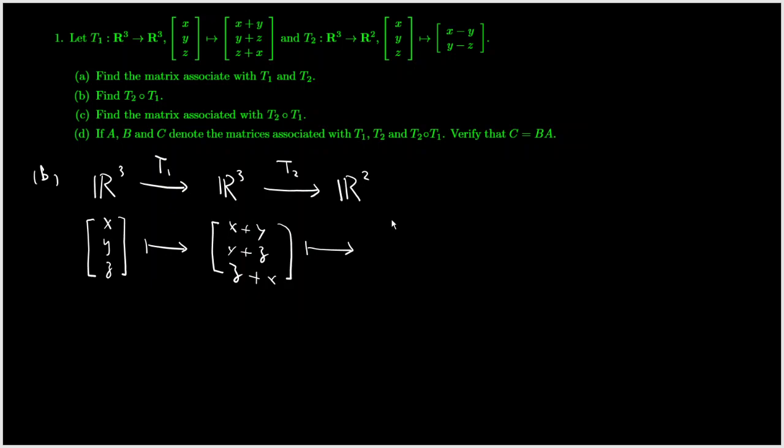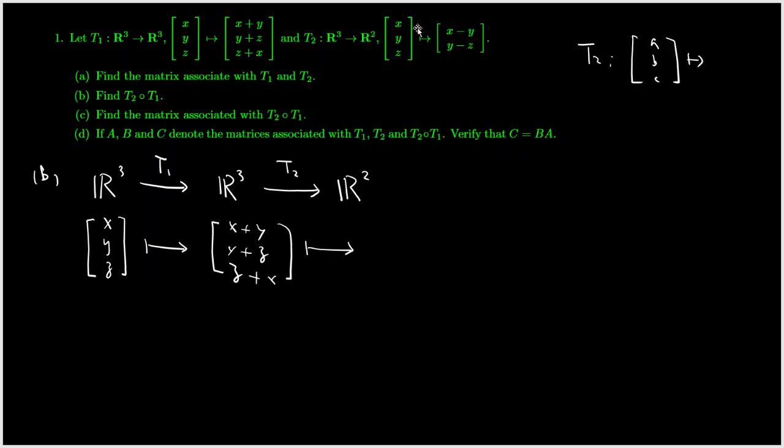I will show you two ways to interpret the answer. I told you x, y, and z are kind of dummy notations. One way is as you do the following. Under T2, every vector, so now let's say whatever notation you want to use. So now let's say a, b, and c is mapped to, again, x, y, and z are dummy notations.